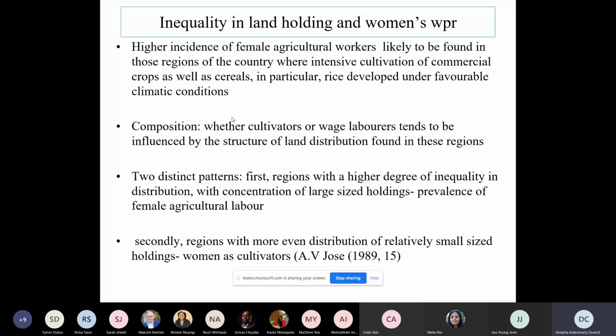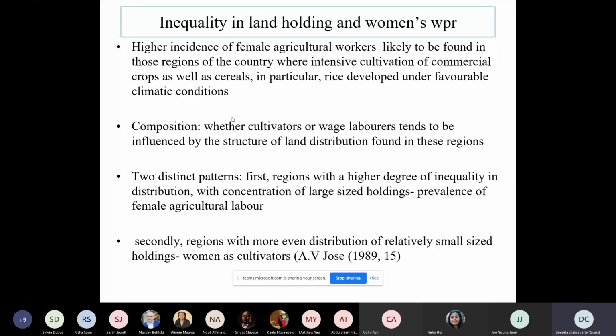Commercial crops, you can think of Kerala for that matter, but what we are concerned with here is rice, which is developed under favorable climatic conditions. My states of West Bengal, Tamil Nadu, and Andhra Pradesh fit quite well in this regard. In fact, the eastern and southern regions as a whole also fit quite well in this regard.